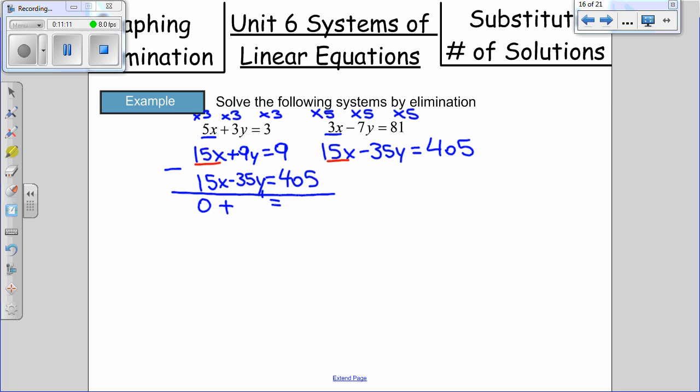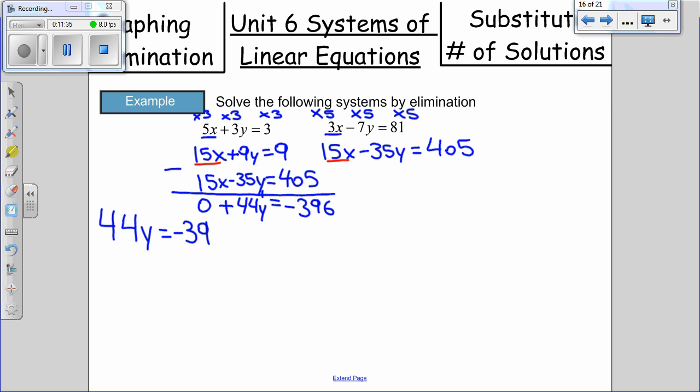So we have 44y's. And then 9 minus 405 would be negative 396. We're going to just rewrite this so it's a little neater. So we have 44y equals negative 396.